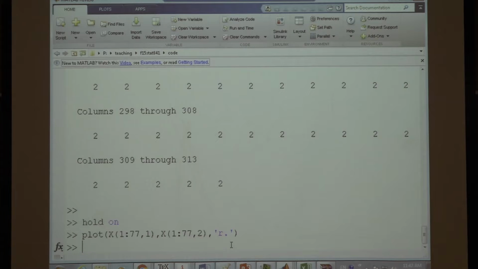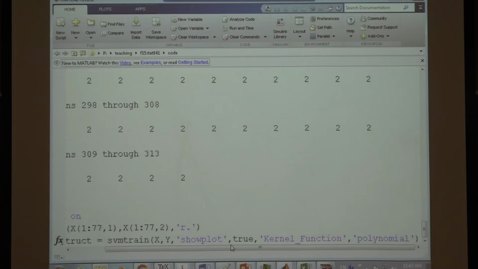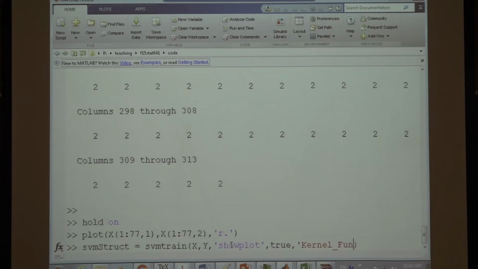Anyway, MATLAB has built-in function SVM train. SVM train takes X as input and Y is your labels.